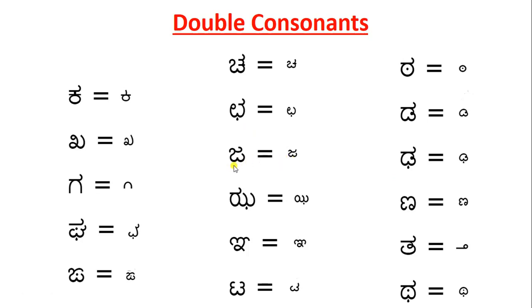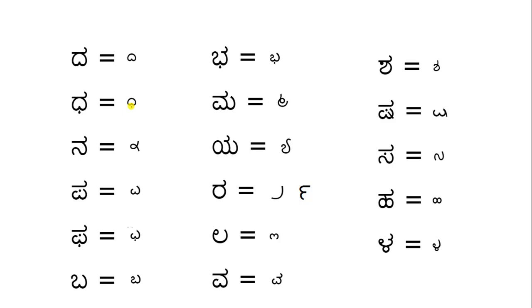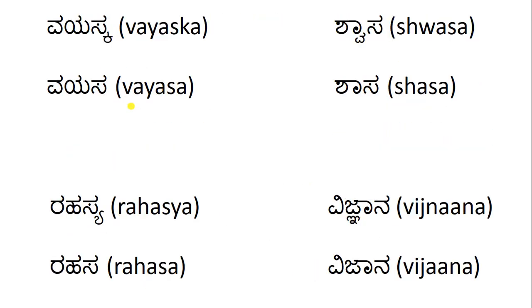Then the question comes, how do you differentiate between the double consonant for j and g, or ju, or ka or ko or kai? For that we have a rule. So we come back to this and we see what it is.